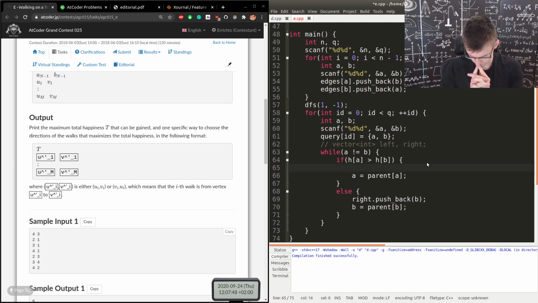Up of A, push back. No. Let's remember that this is ID of direction 0.